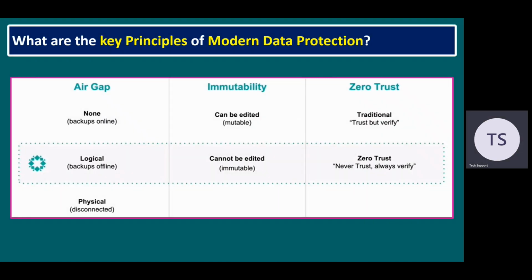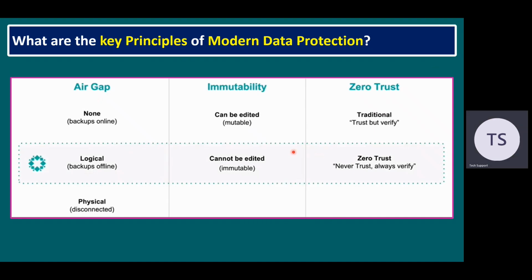What are the key principles of modern data protection? One is air gap, the second is immutability, and the third is zero trust. Let's understand how Rubrik works with these three principles.